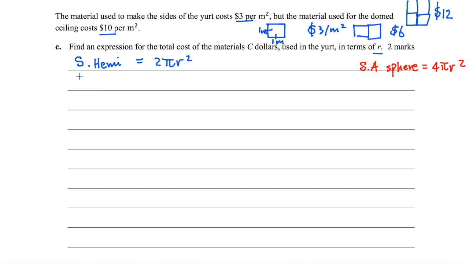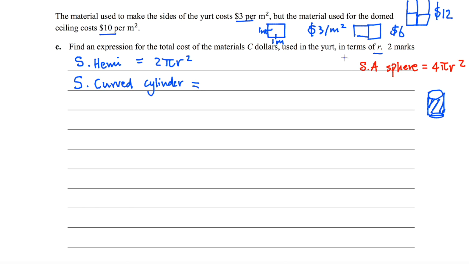Okay, good. Now, the next thing we need to know is the surface area of the curved part of the cylinder. What I mean by that, not a curved cylinder, is this part, the curvy part of the cylinder, the part that you hold onto if you're holding onto a can.